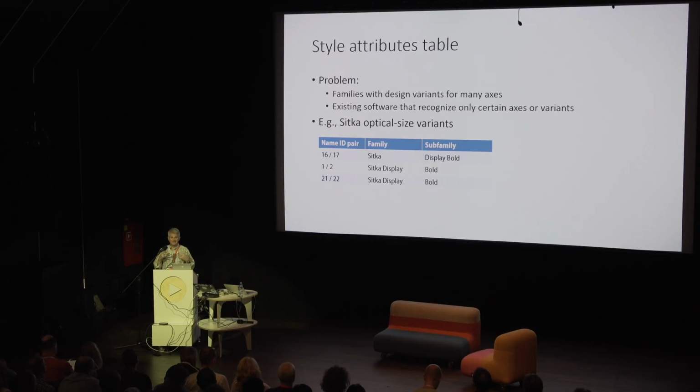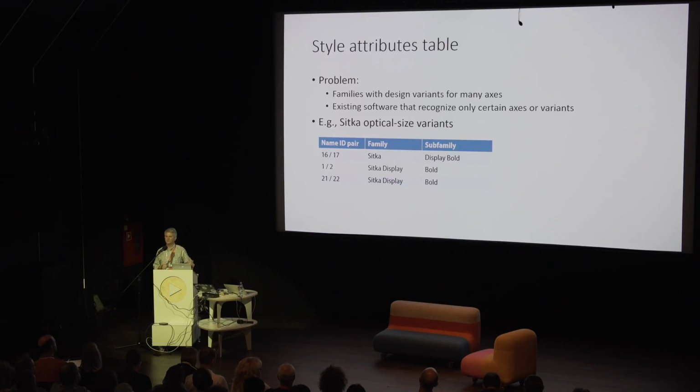And we said, well, that sounds really interesting, except we have a problem, because if we were to make that happen automatically, then we no longer have Sitka Display, Sitka Caption. We just have plain old Sitka. Our APIs aren't set up that way. So we can change that, but how do we actually make that happen?